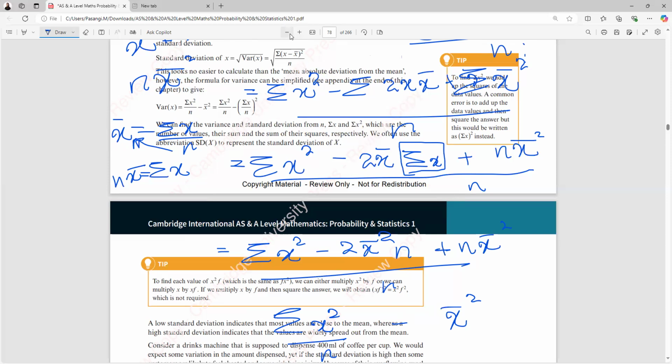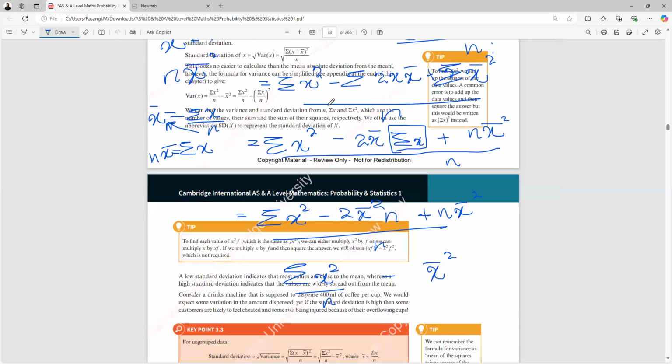Can you do it by yourself? Just try the proof, since they have given it in the appendix, it's better to do it at once. If it's not clear, let me know. It's a mathematical part, nothing stuck in there.